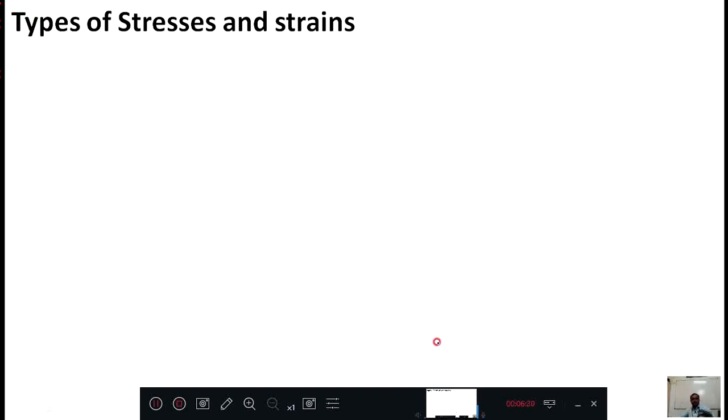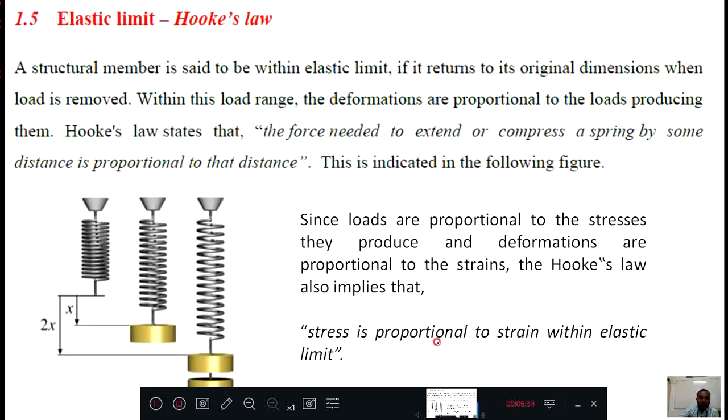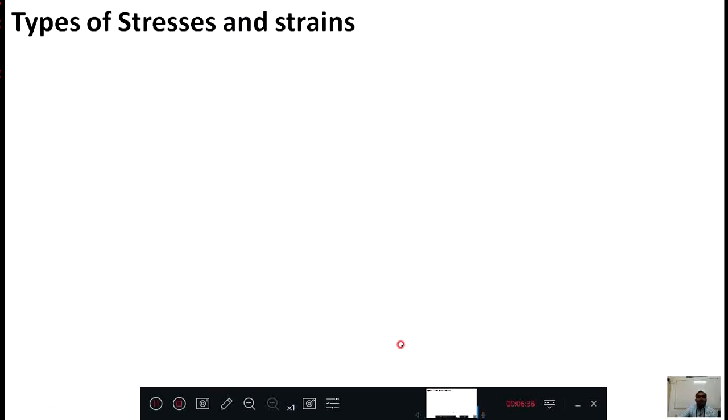Now the question is types of stresses and strain. Stress, I already told you, is the resistance offered against the external force. Now depending on the nature of the external force, the resistance developed inside also changes.